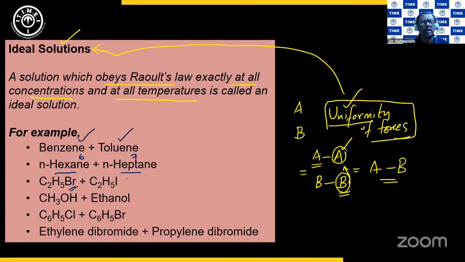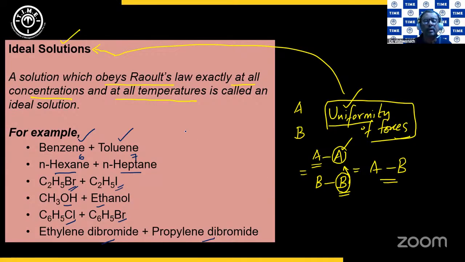A bromoethane and an iodoethane, because bromine and iodine are both halogens. Methanol and ethanol, CH3OH, CH3CH2OH. Similarly, chlorobenzene and bromobenzene, or ethylene dibromide or propylene dibromide. So not much difference is there. We are not saying that they are identical. Identical, it will not happen.